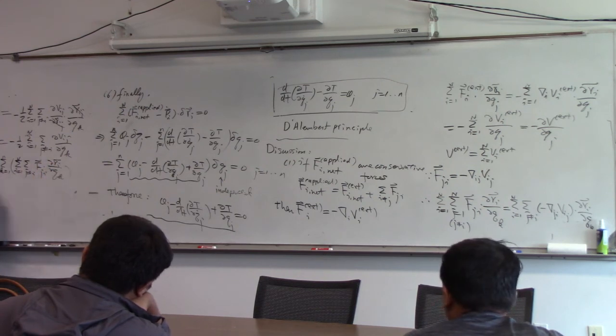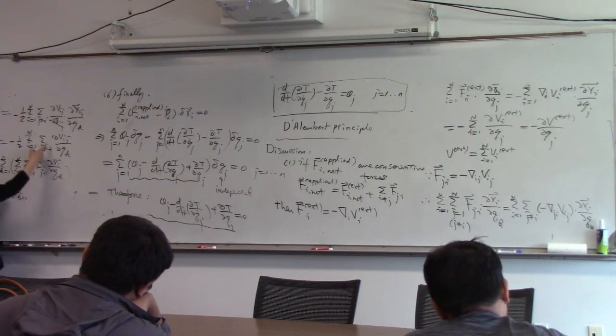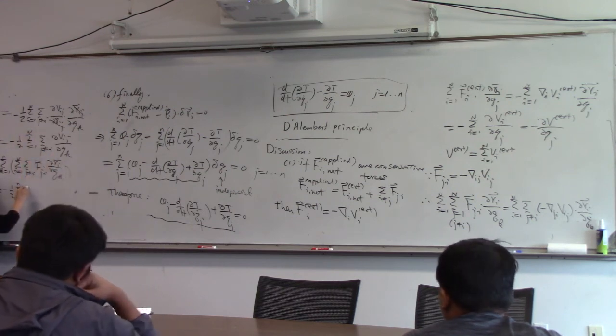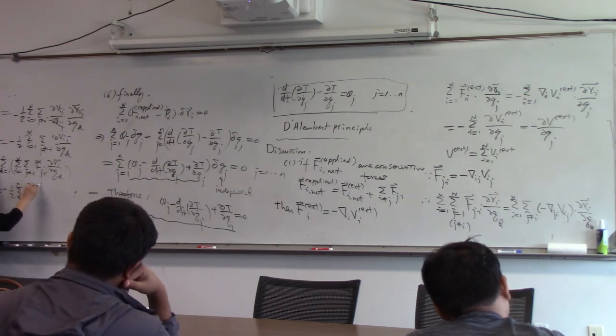So this term becomes minus a half of the summation over k from 1 to n. Since this does not depend on k, I put it all together as ∂V internal over ∂q_k.